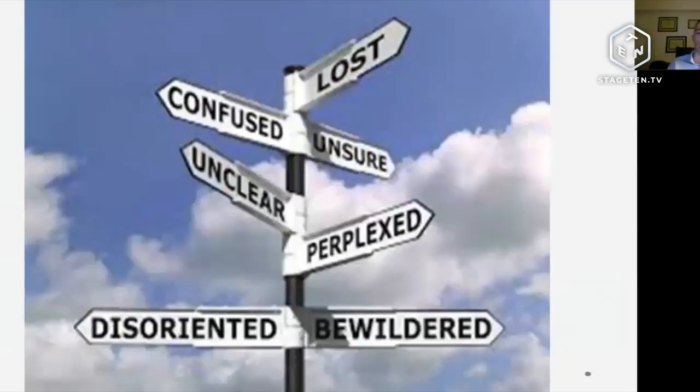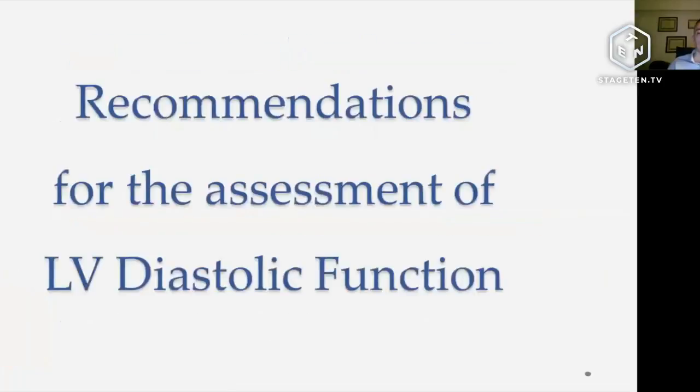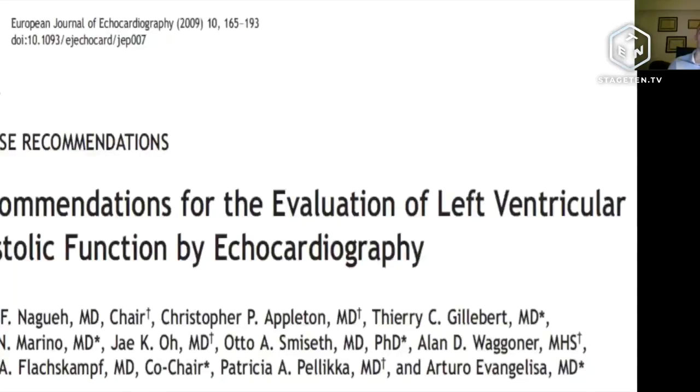But the new recommendation provides some help. But let's see before the new recommendation where we were up to a few months ago, a year ago, roughly, we were with the 2009 guidelines, where this was a kind of practical approach to grade diastolic dysfunction.